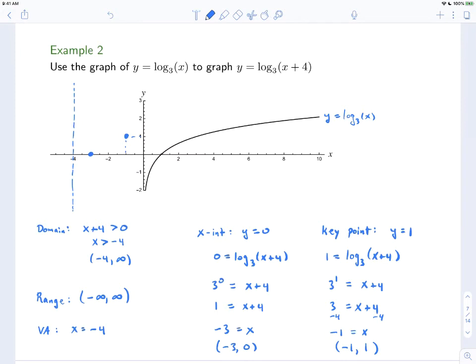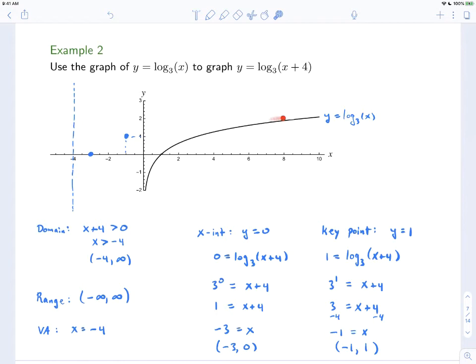That's our point. So what we know is that we have a vertical asymptote right here at x equals negative 4. We pass through the point negative 3, 0 and the point negative 1, 1. What else do we know? As x goes to the left, it's going to negative infinity, and as x goes to the right, the y values are going slowly to positive infinity.